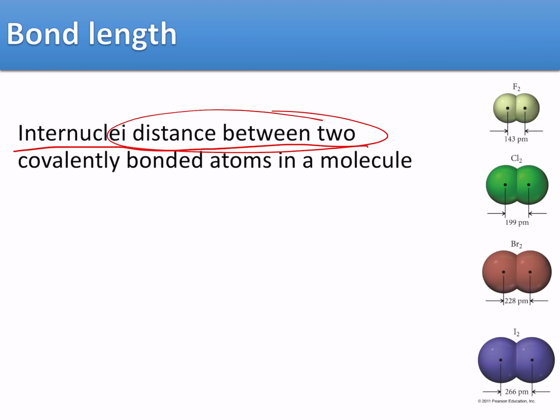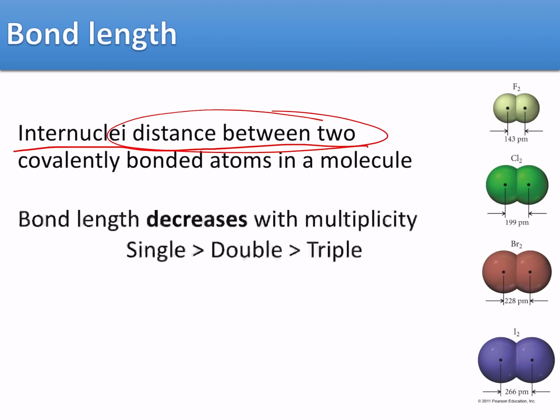The larger the atom, of course, the longer the distance between these two atoms. And remember, if you keep in mind how the atomic size changes, then you would know how the bond length between different elements will change according to the atomic size.